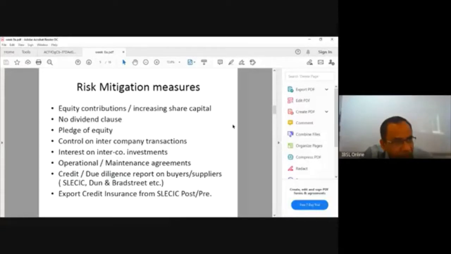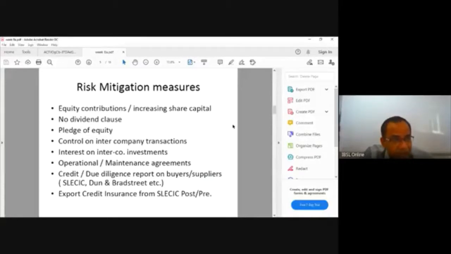In case of need, to evict them, that is, putting them out of the house and then auctioning the property, may be a difficult task. So how will you avoid this? You will say, no, can you give an alternative security and not this housing property? Can you give an alternative security which gives the comfort to the bank that in case of need you can auction or liquidate the asset? So that is actually avoiding a risk, right?